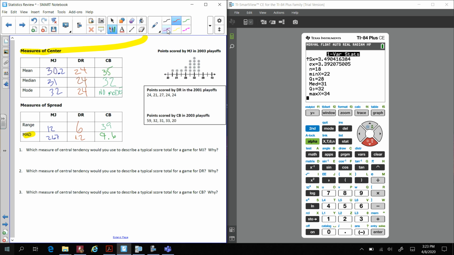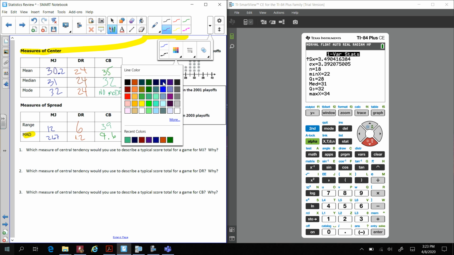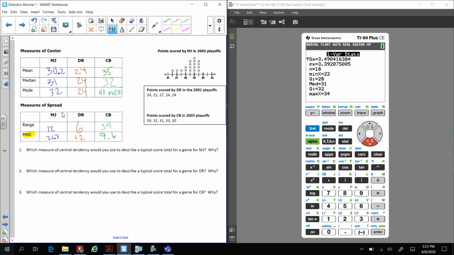Well, let's use that blue. Whoa. Here we go. We got our pen back. Michael Jordan. Let's look at that data. Most of it is over here. And what are those points doing? That is going to take our mean and move our mean to the left.